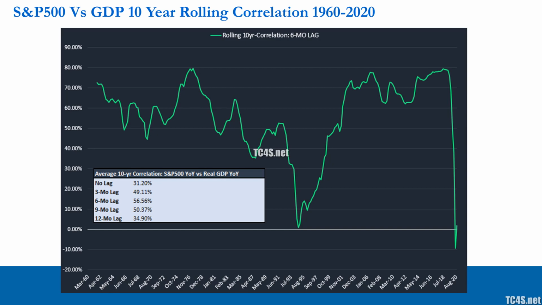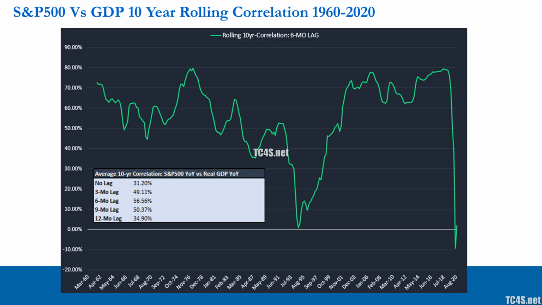And in the downloads area, we've done this for no lag, 3-month lag, 6-month lag, 9-month lag, and 12-month lag on the data. And what we find is that the most statistically significant is the 6-month lag for a statistical correlation between the two variables.